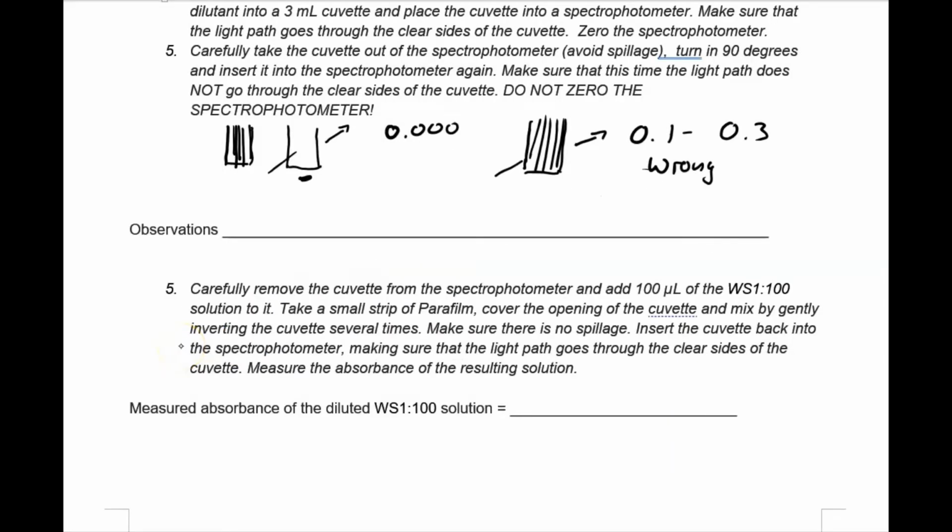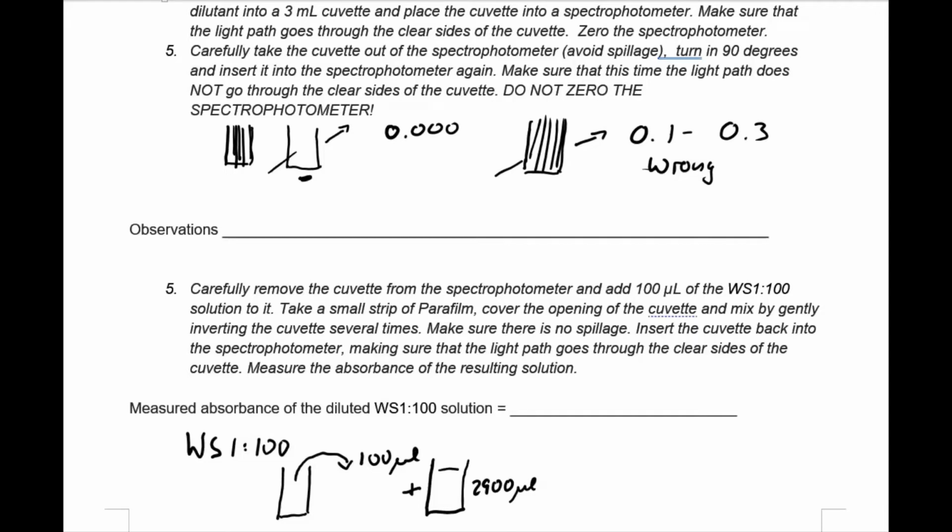So we have our working solution 1 in 100, and of this solution we take 100 microliter and add it to 2900 microliter of the diluent in the cuvette.